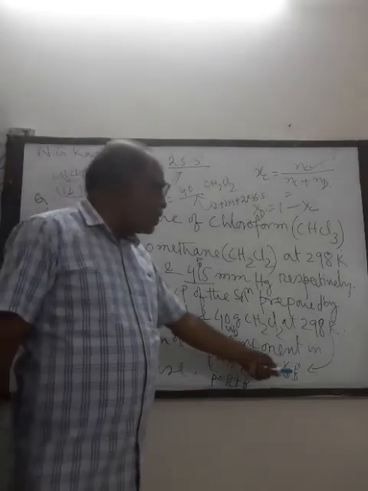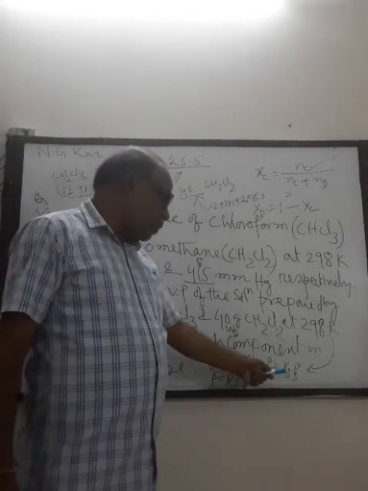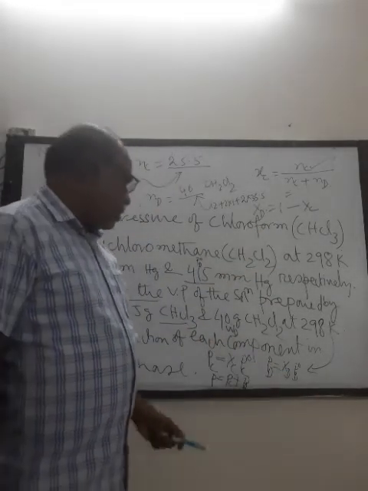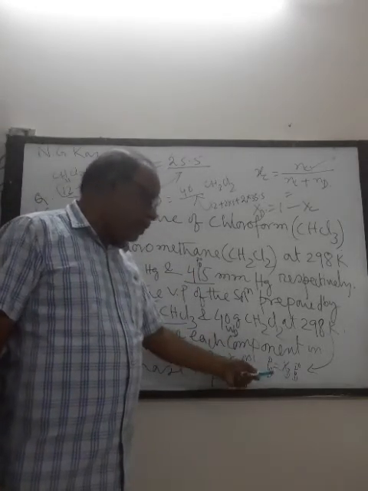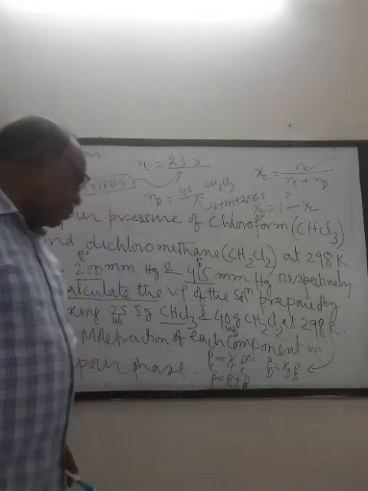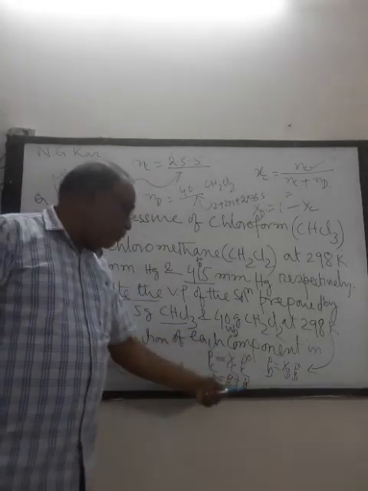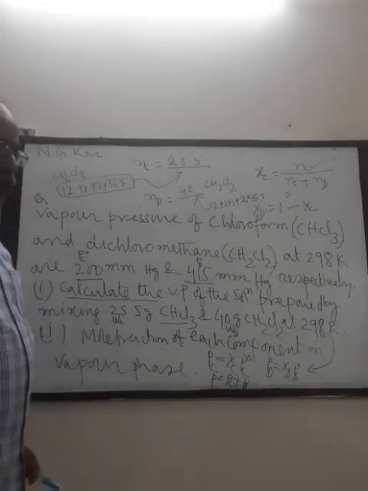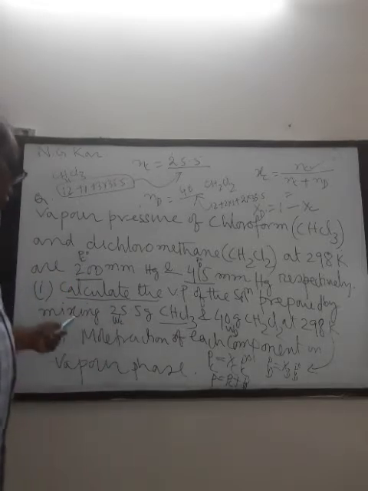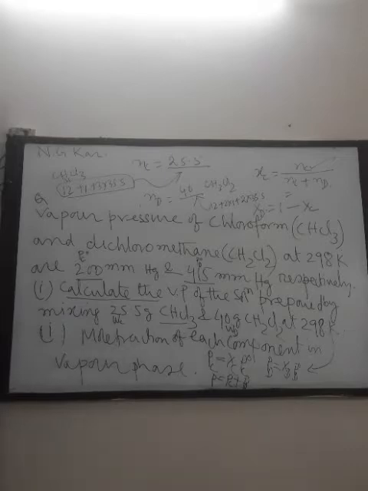Similarly, if we put the mole fraction of dichloromethane and the vapor pressure of pure dichloromethane, we get the partial pressure of dichloromethane. If we sum up both of these, we get the total vapor pressure of solution. So this is our first one, number 1.